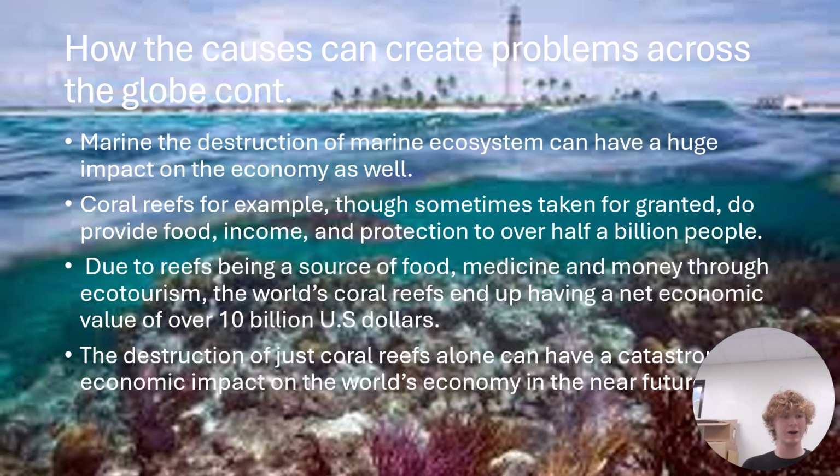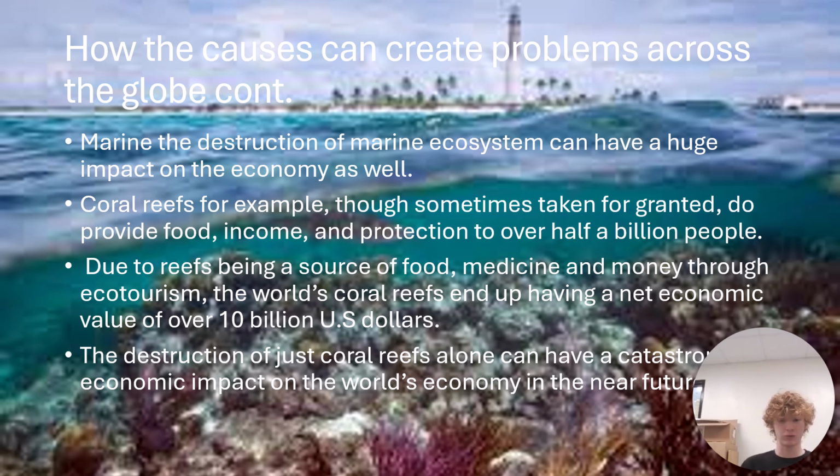Besides the quality of life, which is very evident, surprisingly, marine ecosystems play a huge part in the economy as well. Coral reefs, for example, provide food, a source of money, and protection to over 500 million people. That's a 16th of the Earth's population.